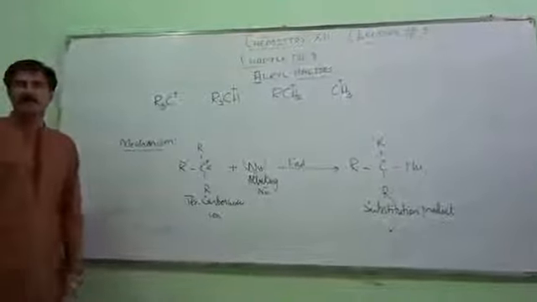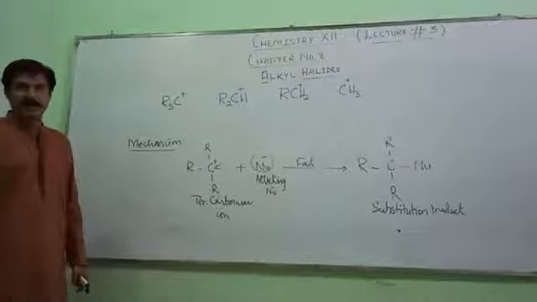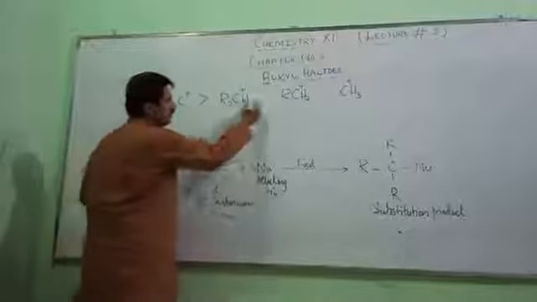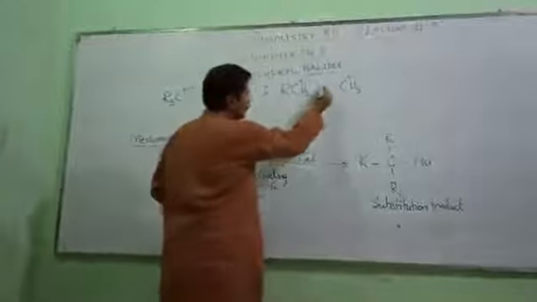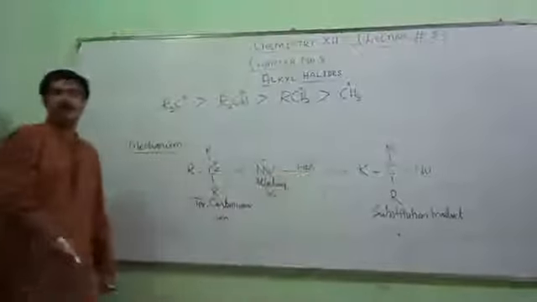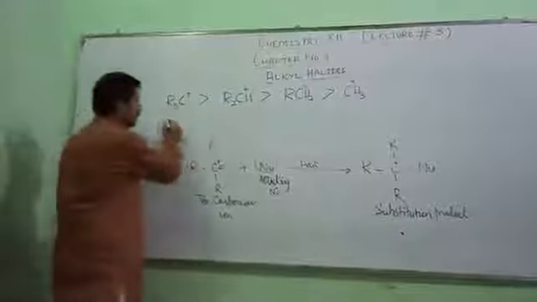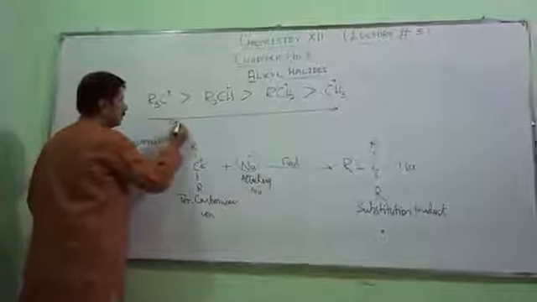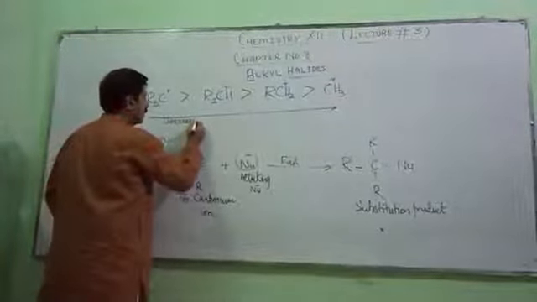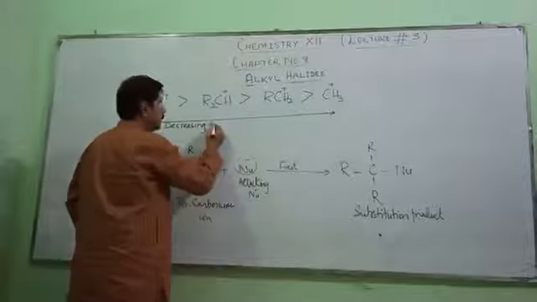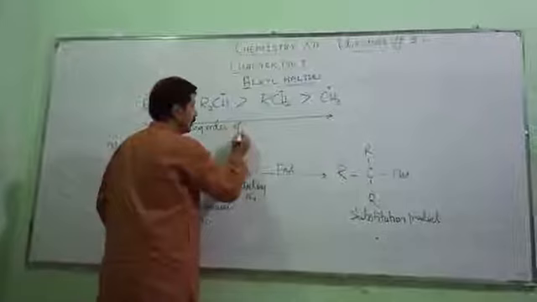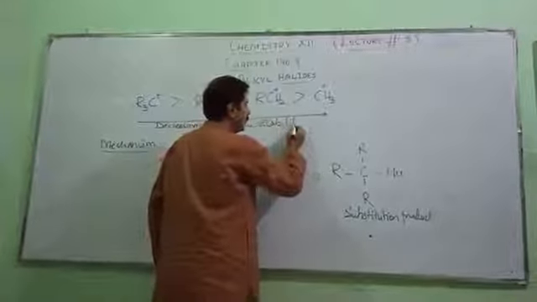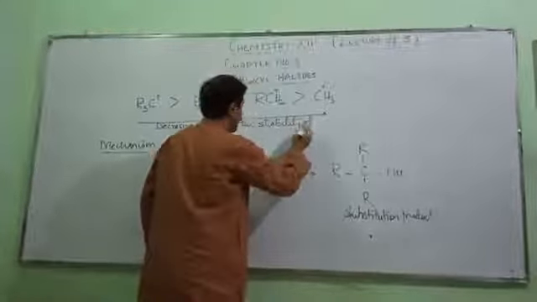So you must remember here that the stability order decreases from tertiary carbonium ion to secondary, secondary to primary, and primary to simple methyl group carbonium ion. This is the decreasing order of the stability of carbonium ions.